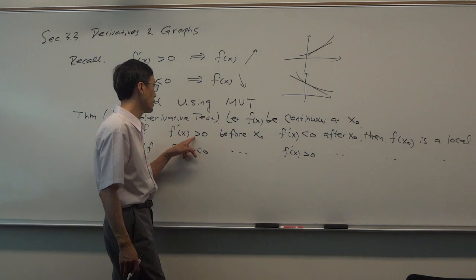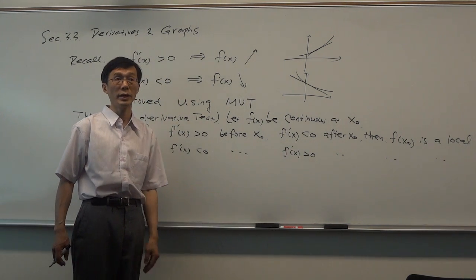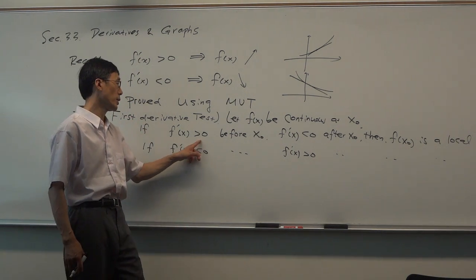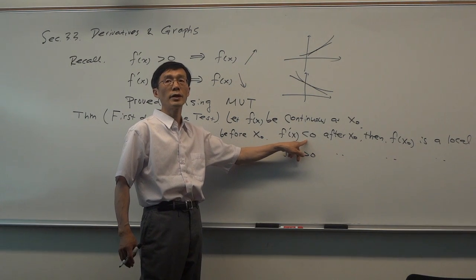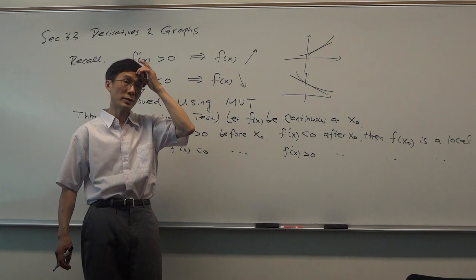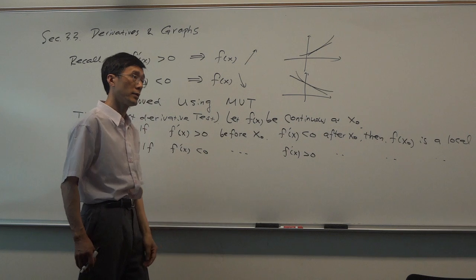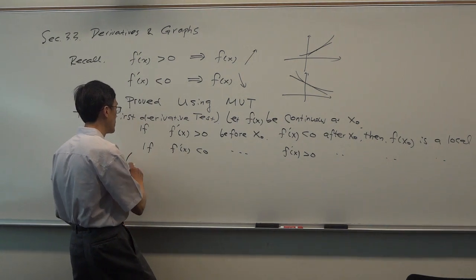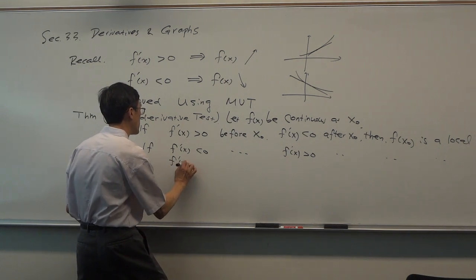What if it is positive and positive, or negative and negative? Let's say it is positive before and positive after. Then what happens with f(x0)? It's neither a maximum nor a minimum. It will be increasing and still increasing, right? So you can put in other situations, but those are more or less clear.